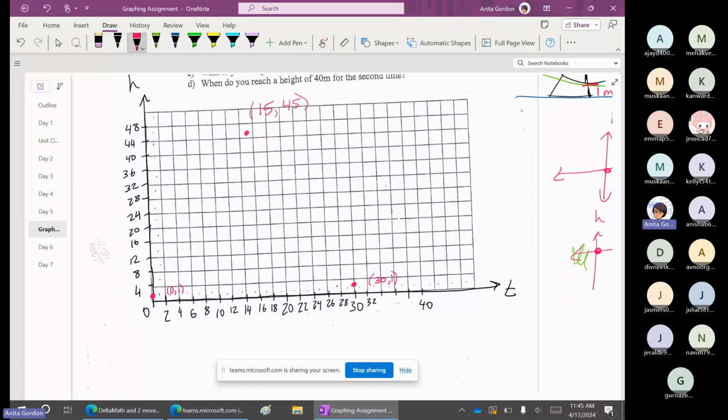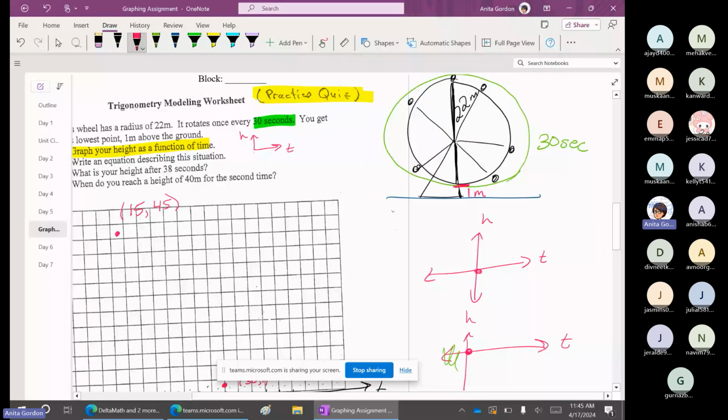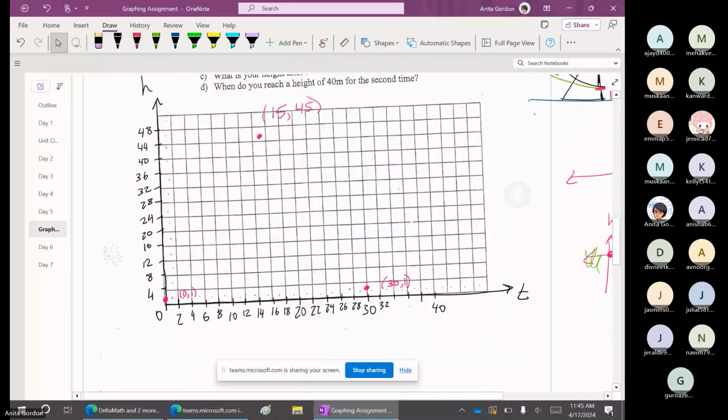In order to complete a rotation or to graph something accurately, we need 5. So we want to know, when am I halfway? So I know the bottom and I know the top. When am I at the halfway point on the Ferris wheel? How would I find that out? Half of 15, right? So 15 divided by 2 gives me 7.5 seconds.